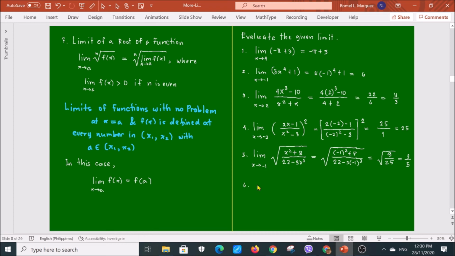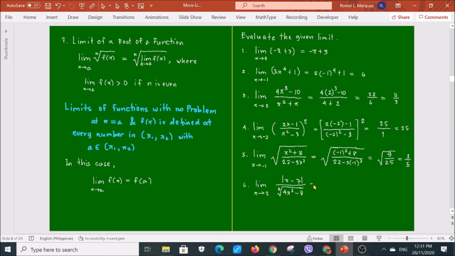Number 6. The limit as x approaches 2 of the absolute value of x minus 7 all over the cube root of 4x squared minus 8.